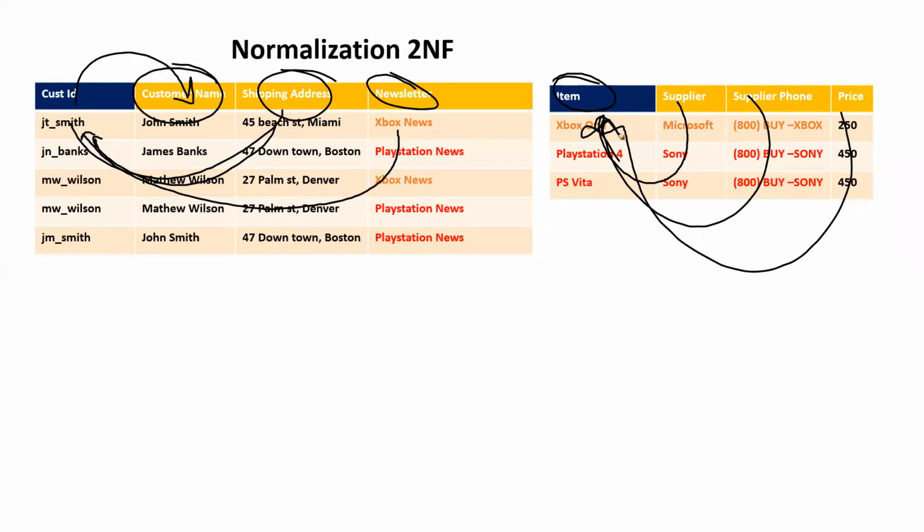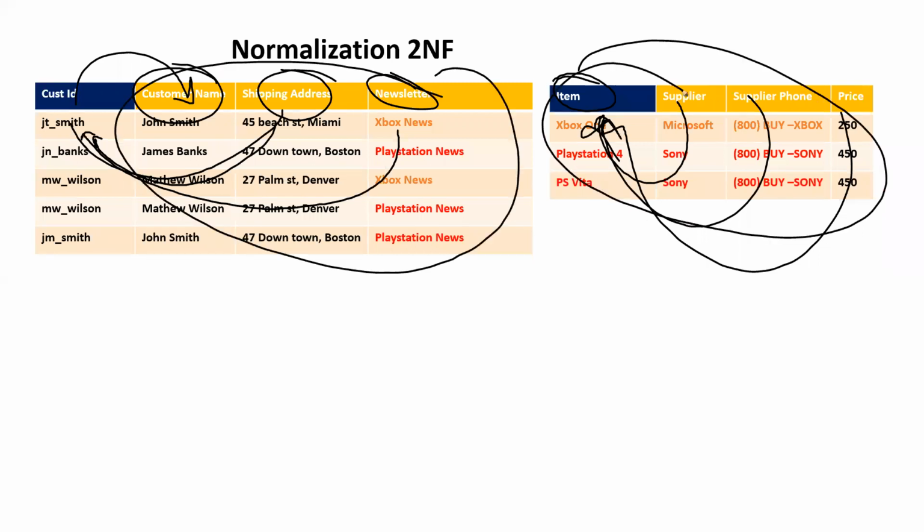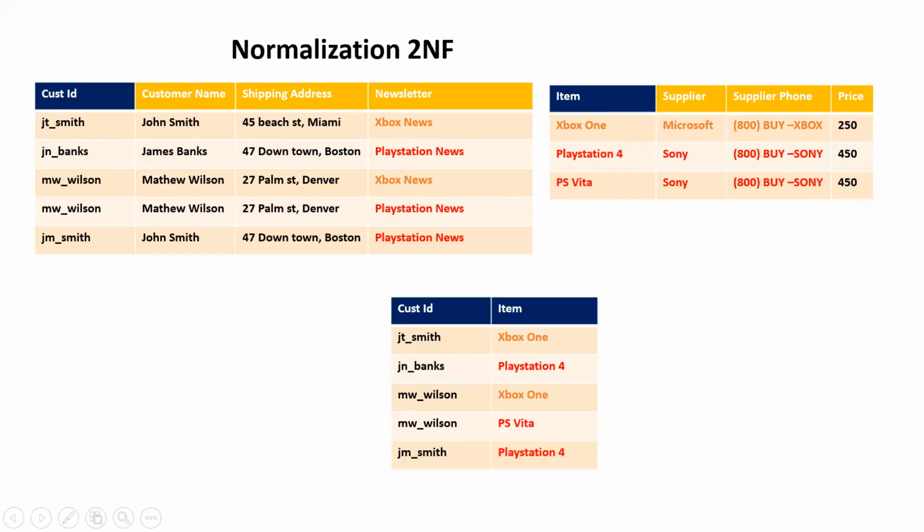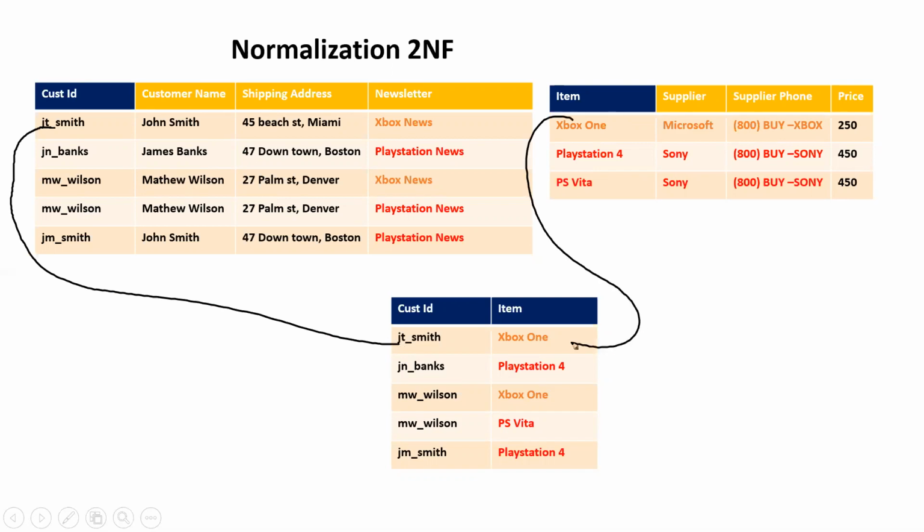But now the question arises, how will I join this table with this table? Because I want to know, right, that this guy actually purchased this item or whatever item. So I want to somehow join this table with this table. For that, what I will do is I'll create one more table, something like this. Now you can see that in this table, I'm getting all the customer ID combinations and all the item combinations.